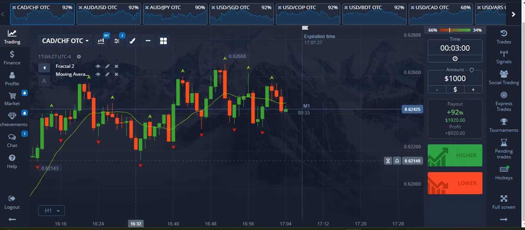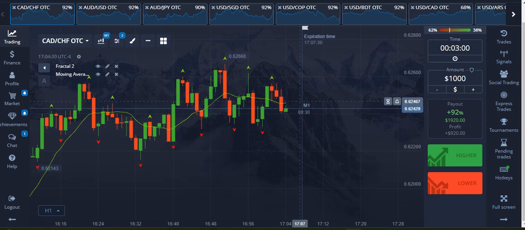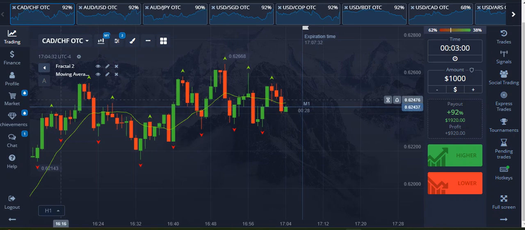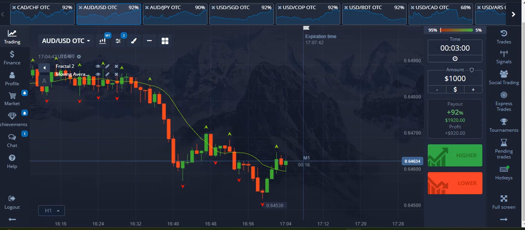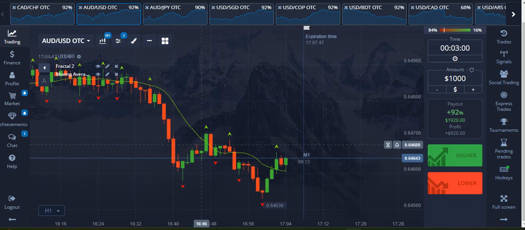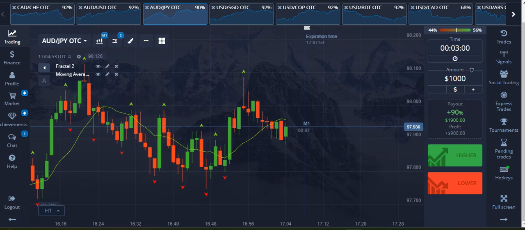When the markets are closed, the OTC markets sort of behave like the regular markets here. As you can see, there's a lot of ranging going on. Not much trending in currencies here. Right, this is a little bit trending, but as you can see here, the market is kind of trying to consolidate Aussie dollar Japanese yen, which was where we were just at.